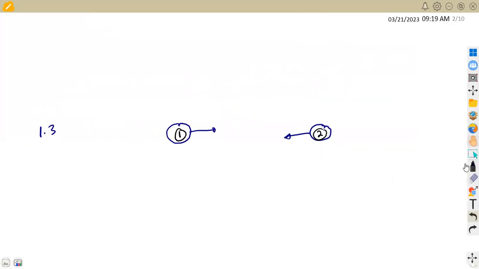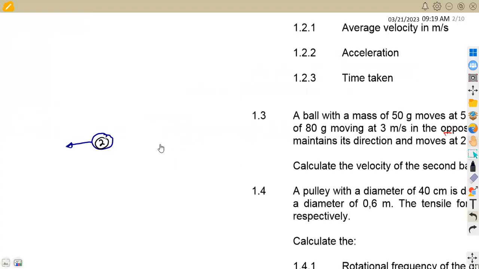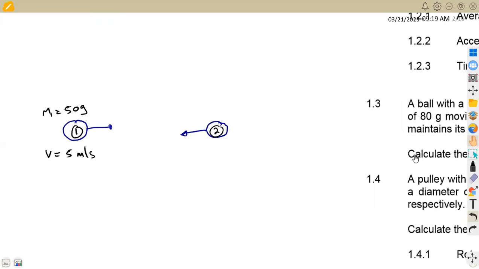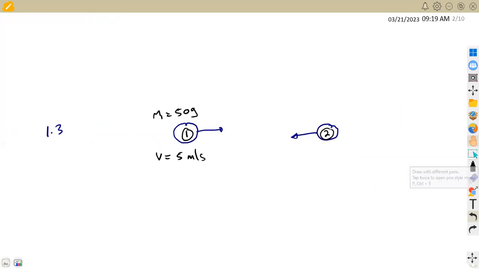So here we've got the mass of 50 grams. That is our M1, which is 50 grams, and it is moving at a velocity of 5 meters per second. Okay, let's check the one that is opposing, which is ball 2. The one that opposes has got 80 grams moving at 3 meters per second in the opposite direction. So this is 80 grams.